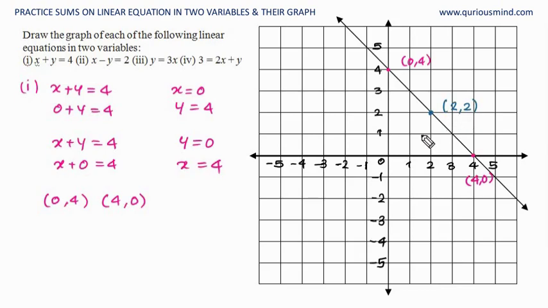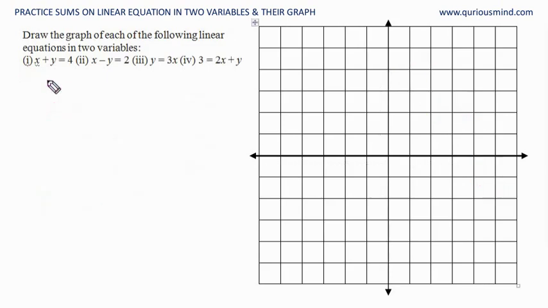Let's see whether this is a solution to this equation. If I put x is 2, y is 2, 2 plus 2 is 4, LHS is equal to RHS. And hence, yes, this point is the solution of this line, and it lies on the line itself.